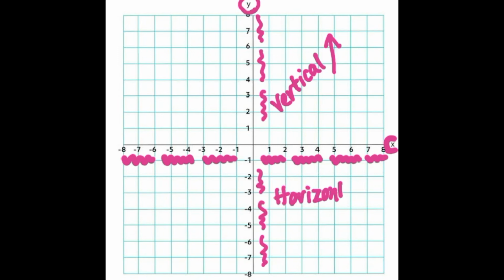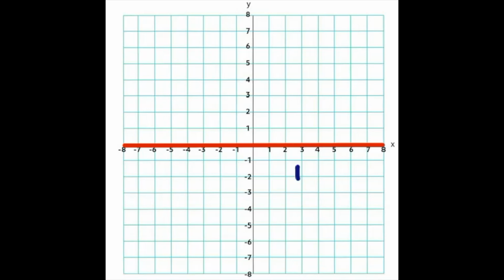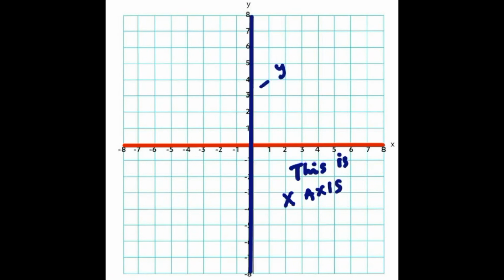Now you will also find that the x-axis and y-axis intersect perpendicular to each other at a point, and that point is called the origin. Now this is the x-axis and this is the y-axis, and this is the point where they are intersecting, and this is called the origin.